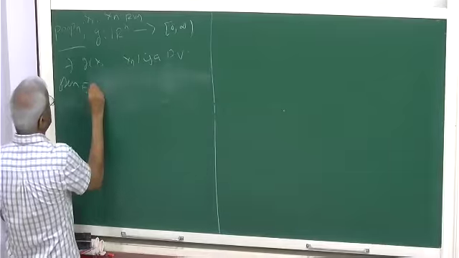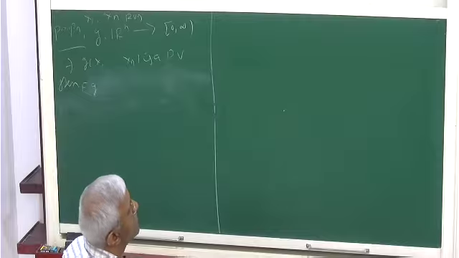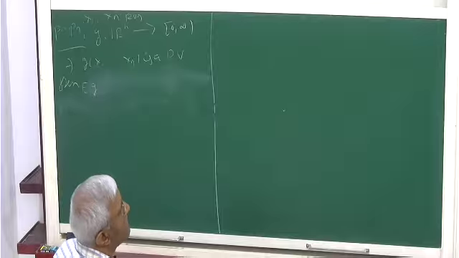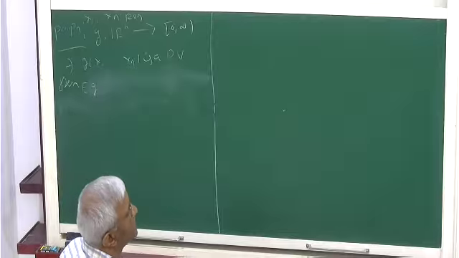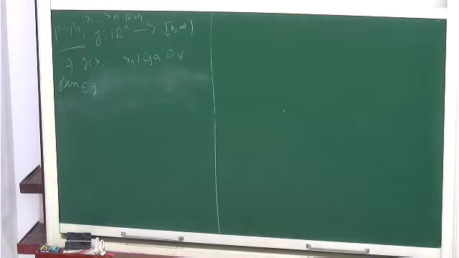One second. There is some mistake somewhere. Where did I write G equal to that? This is not 0 to infinity. I mean, minus infinity, right?